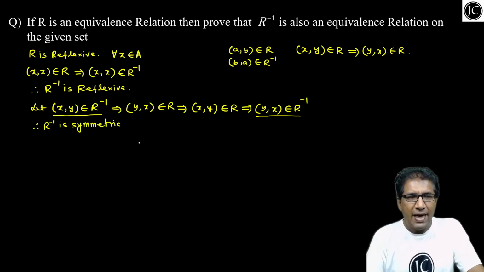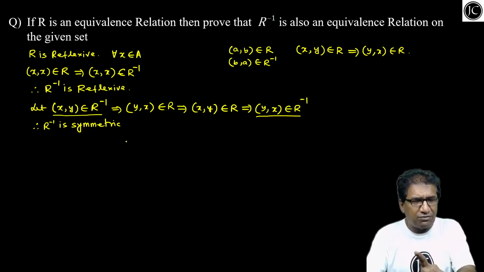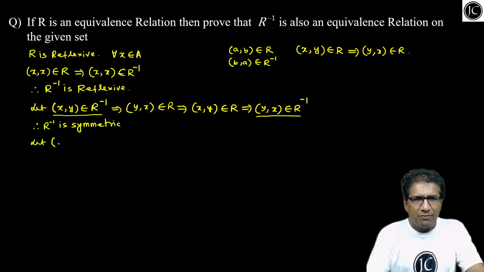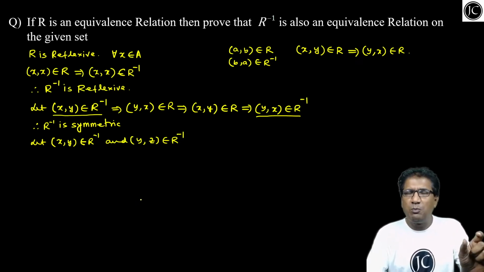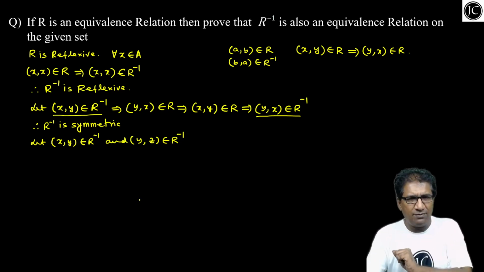Is it clear? Now what is left? Transitive. Let us say (x, y) belongs to R inverse and (y, z) belongs to R inverse. Is it clear? These are the two ordered pairs which belong to R inverse.